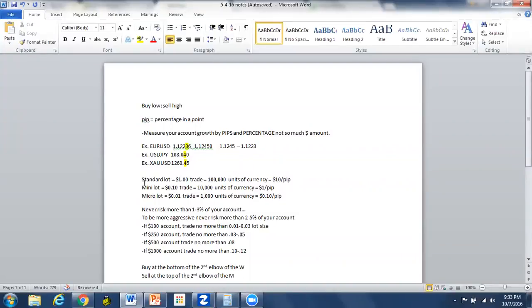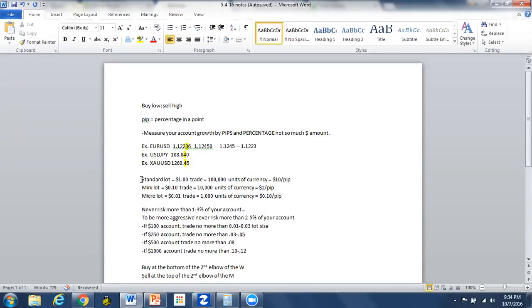So when you want to place a trade, the reason why people are able to make so much money in Forex so fast is because brokers allow you to leverage. They allow you to leverage a large amount of currency in the market with a smaller amount of money. It's almost like it's on credit or something, but they allow you to leverage big, even without having that much money.